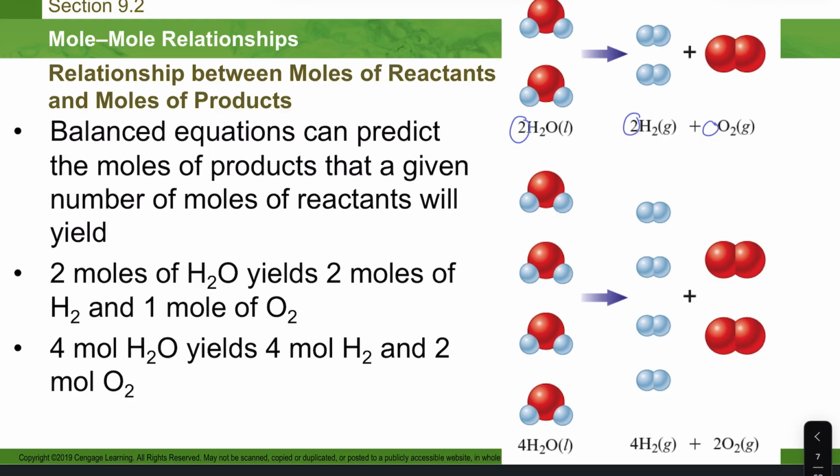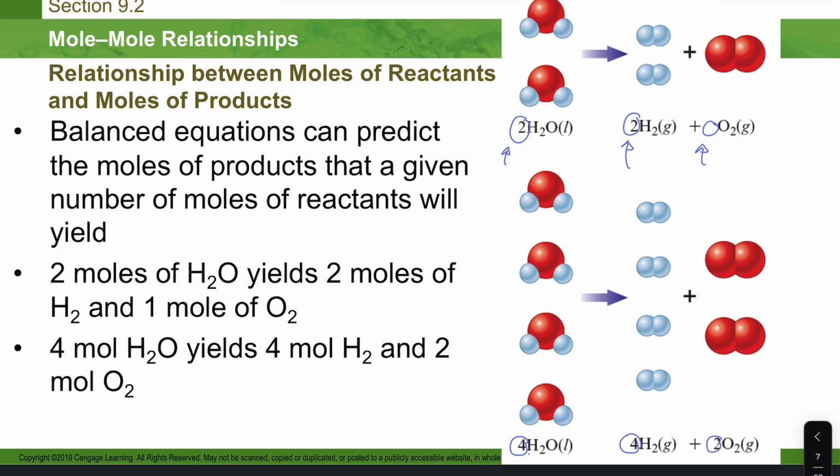What is important is to note that when you balance an equation, you are always going to have the same ratio. So for example, if you have two H2Os that break down, these are always going to make two H2s and one O2. If you have four H2Os that break down, you'll get out four H2s and two O2s.